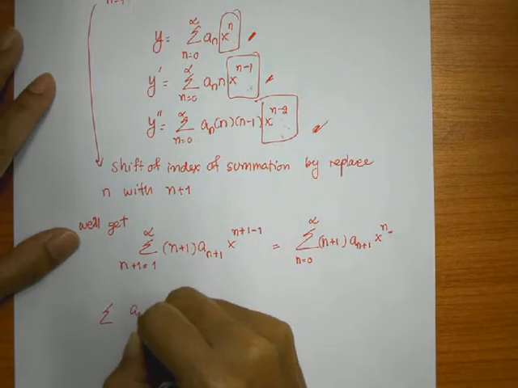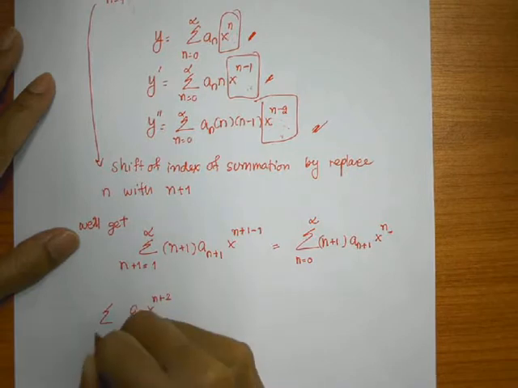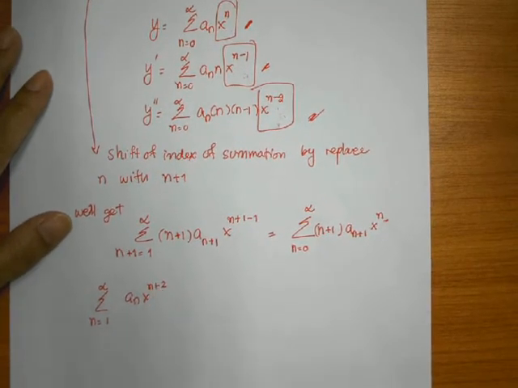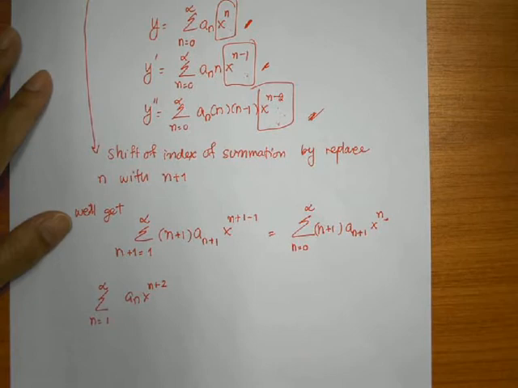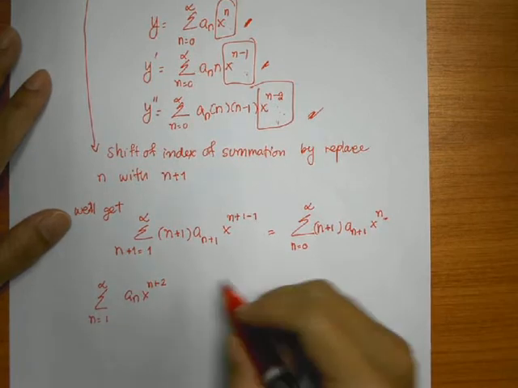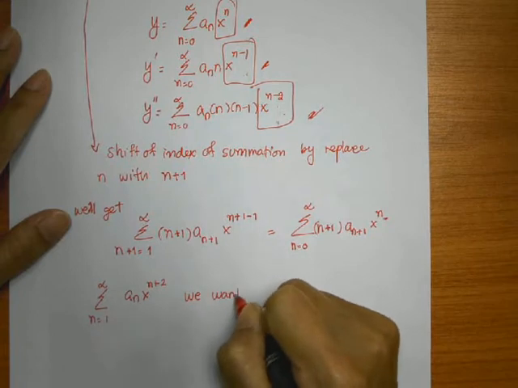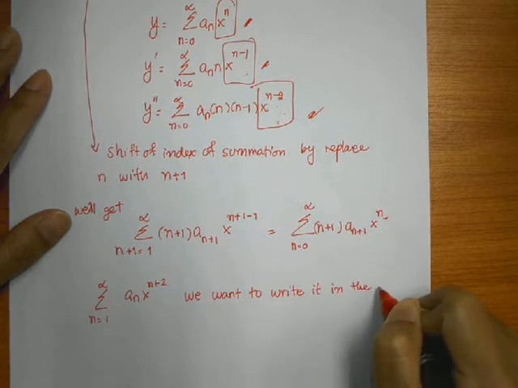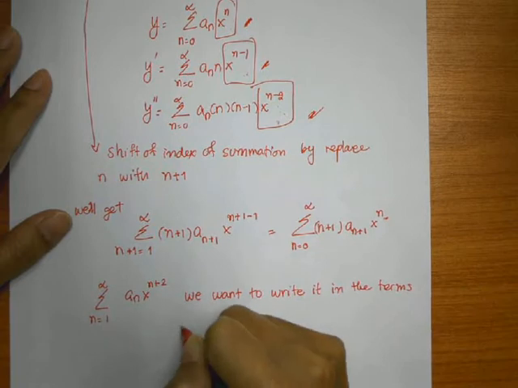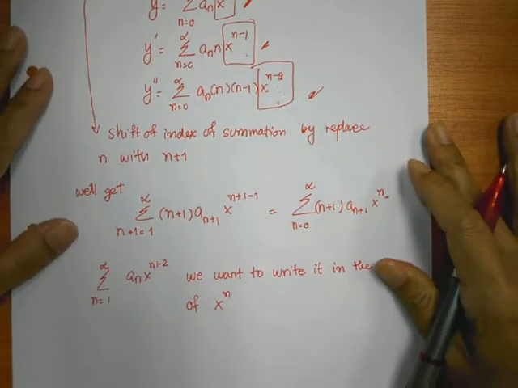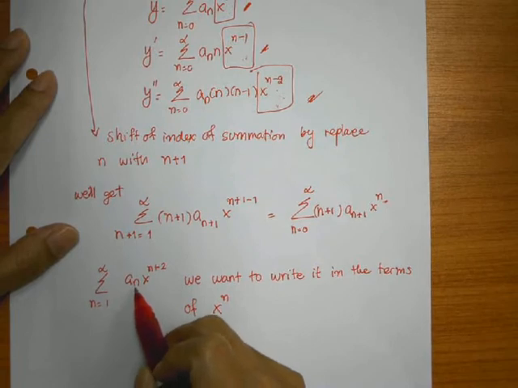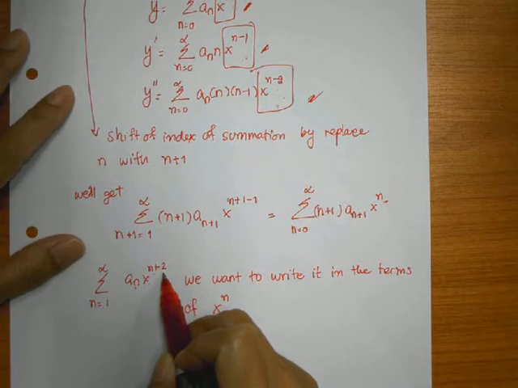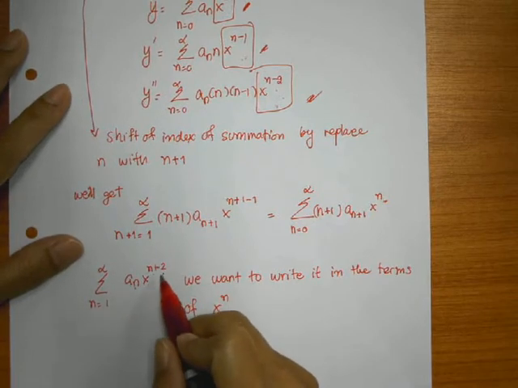Another example, if we have the summation of a n times x to the power n plus 2, and we want to write it in terms of x to the power n.